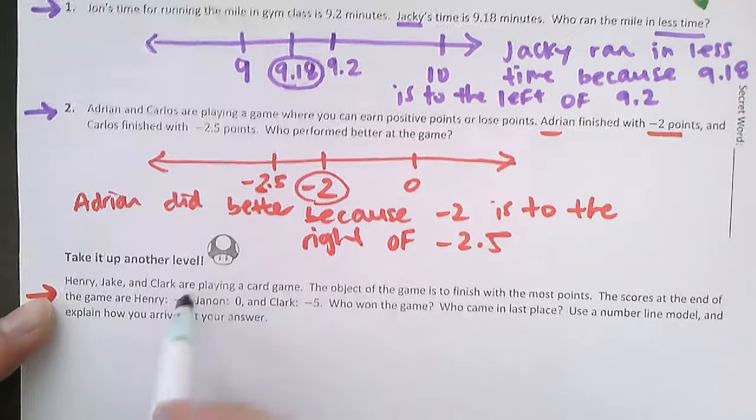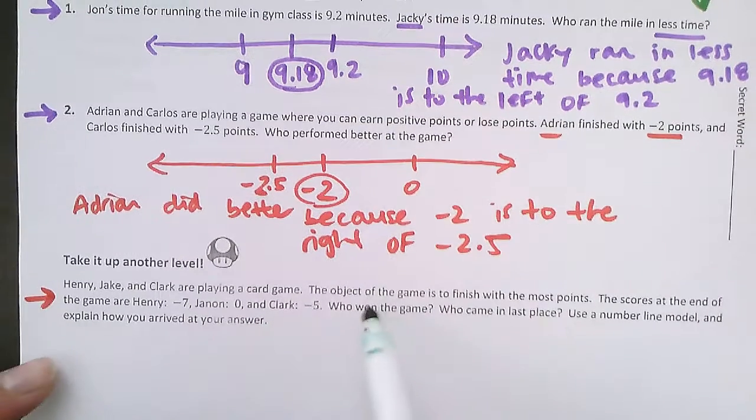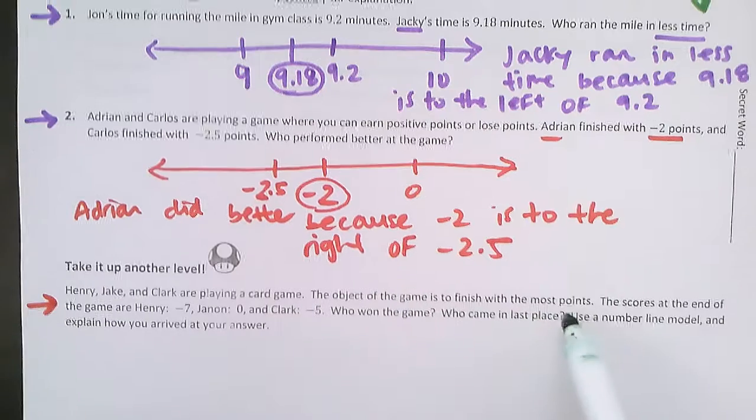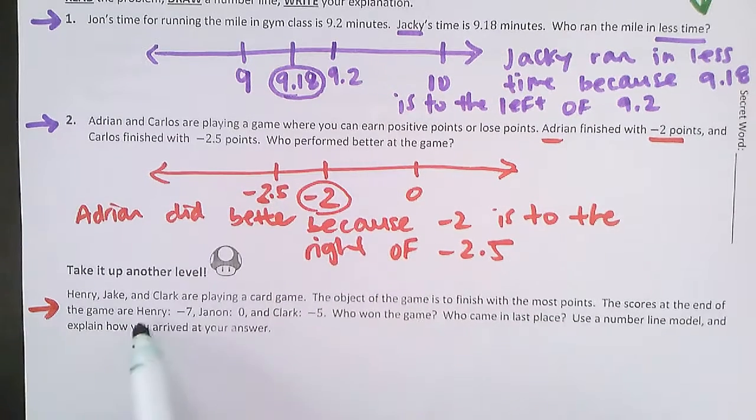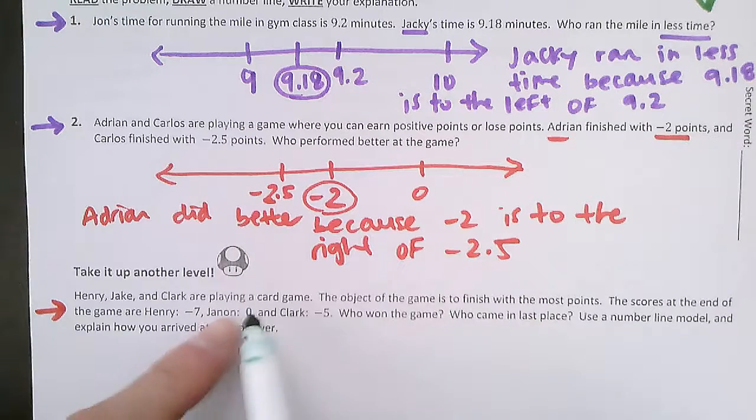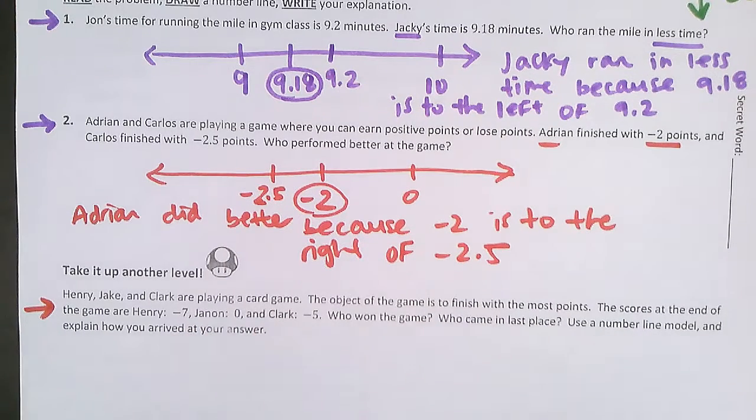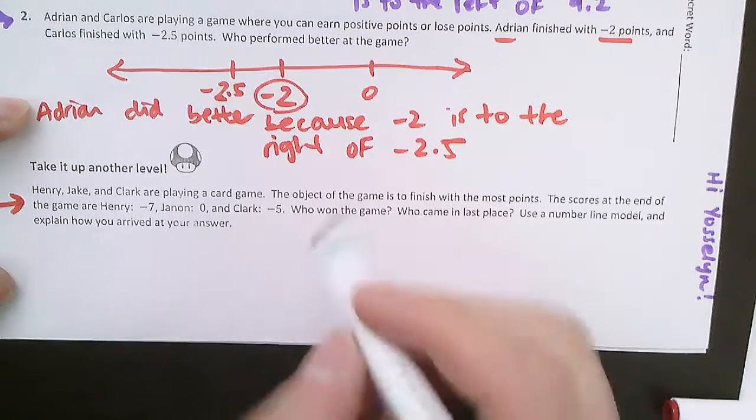Henry, Jake, and Clark are playing a card game. The object of the game is to finish with the most points. The scores at the end of the game are Henry with -7, Jake with 0, and Clark with -5. Who won the game? Who came in last? So that's the read. Now let's draw the number line.